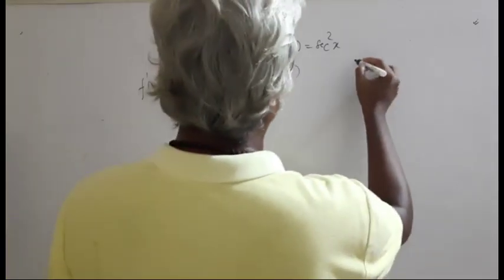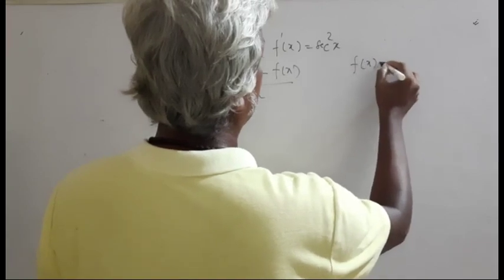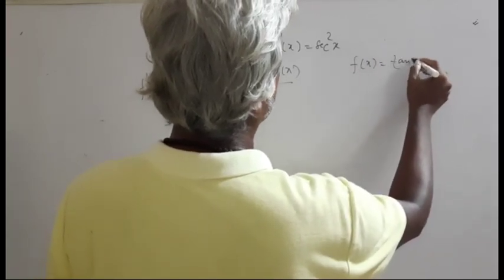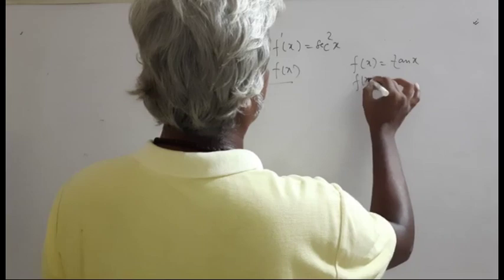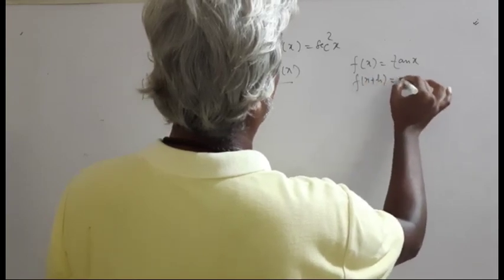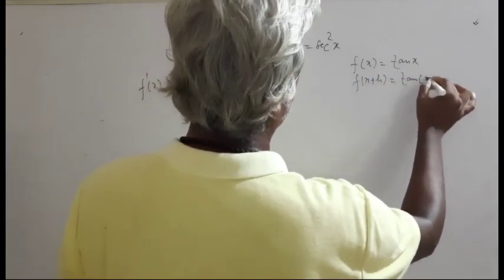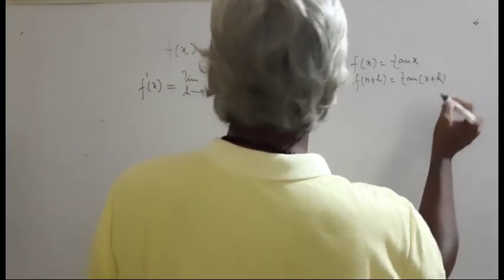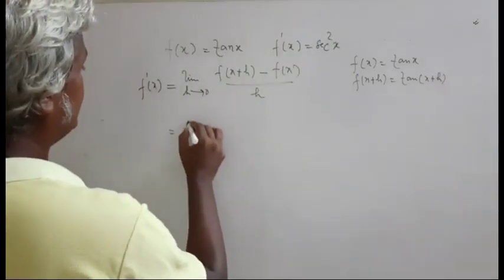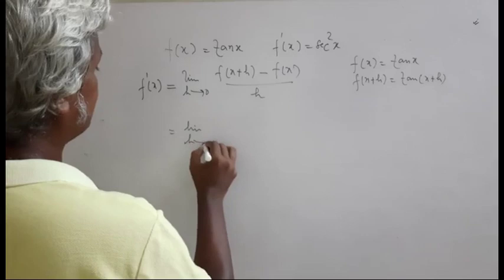Now here you can see that since f(x) is tan x, then f(x plus h) will just be tan(x plus h).